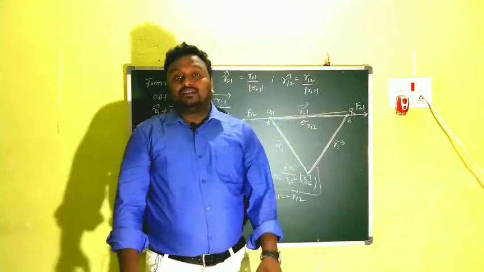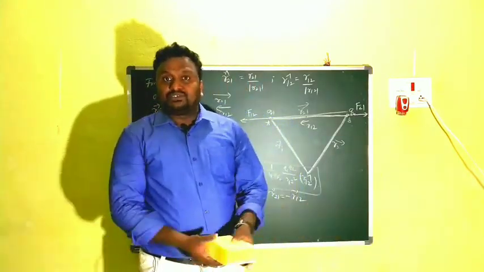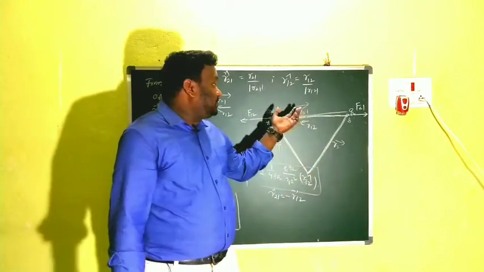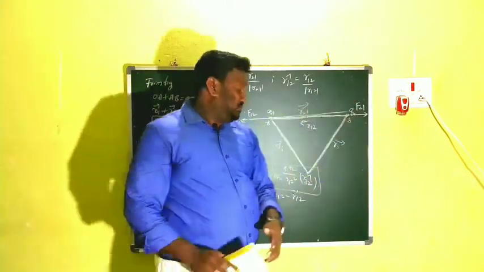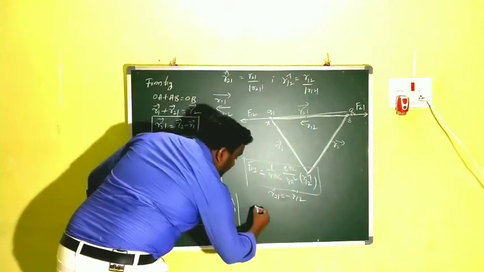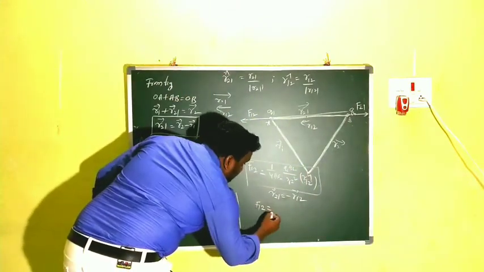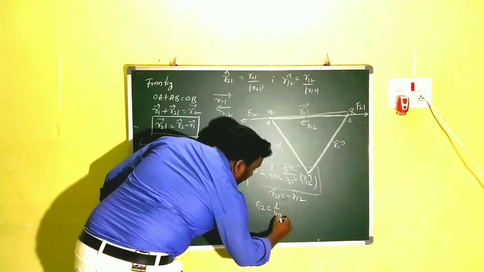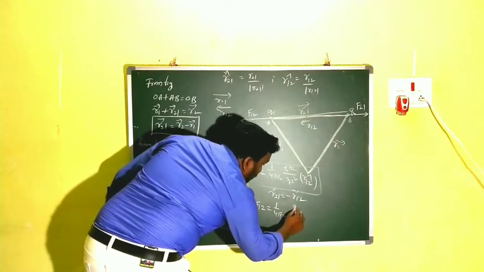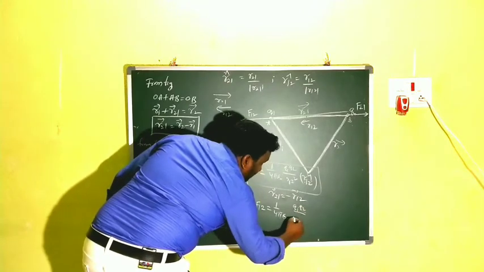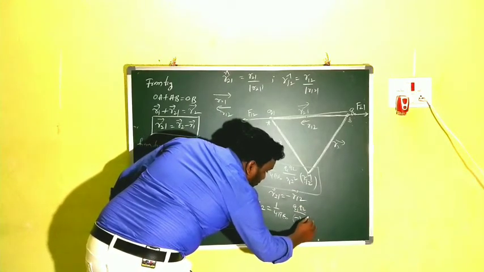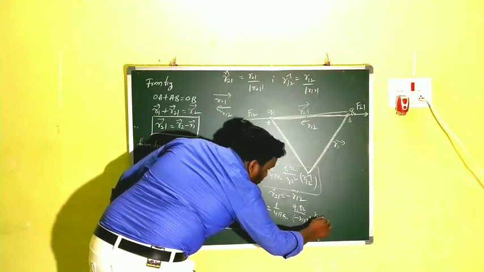Both are in opposite directions. That's what I write: R21 is equal to minus R12. So I am substituting here: F12 is equal to 1 by 4 pi epsilon naught into Q1 Q2 by minus R12 square into R12 cap.